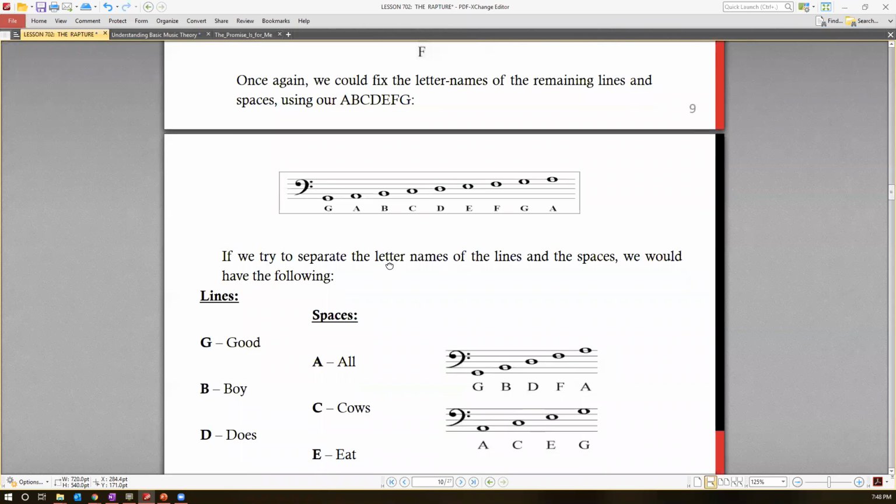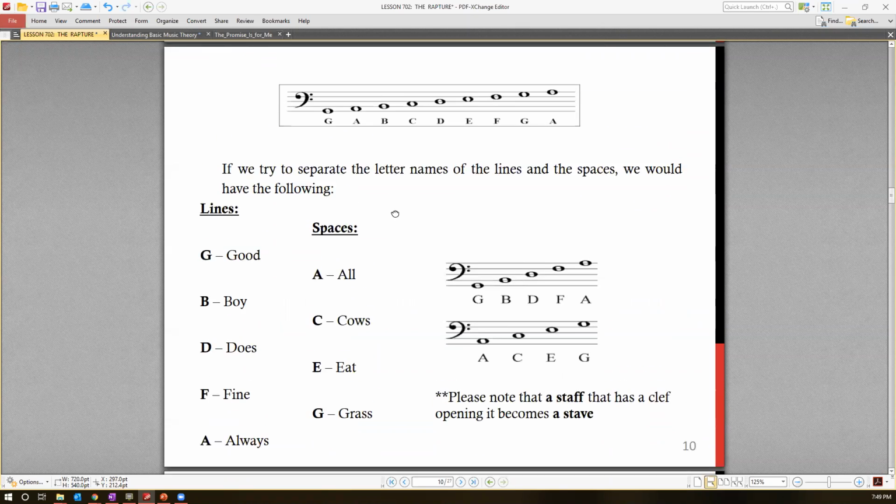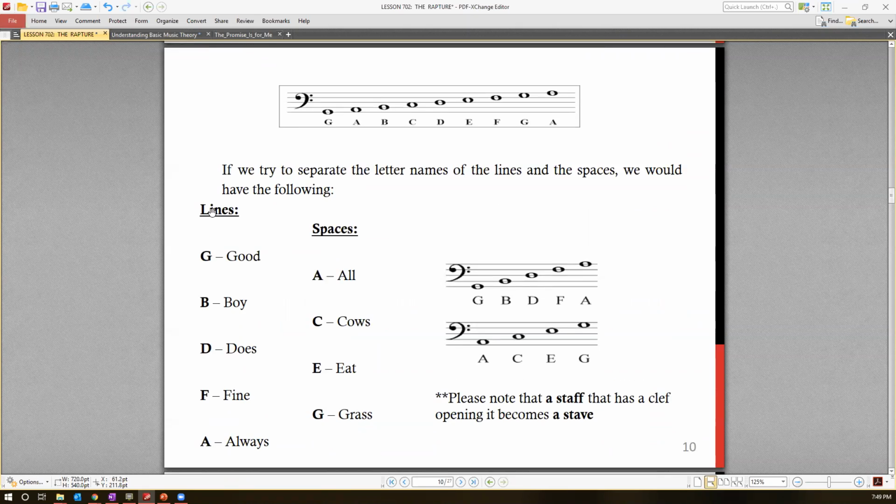Now remember, another way to identify our bass clef notes easily is to split our lines and spaces. For our lines, always remember we read from the bottom going up.